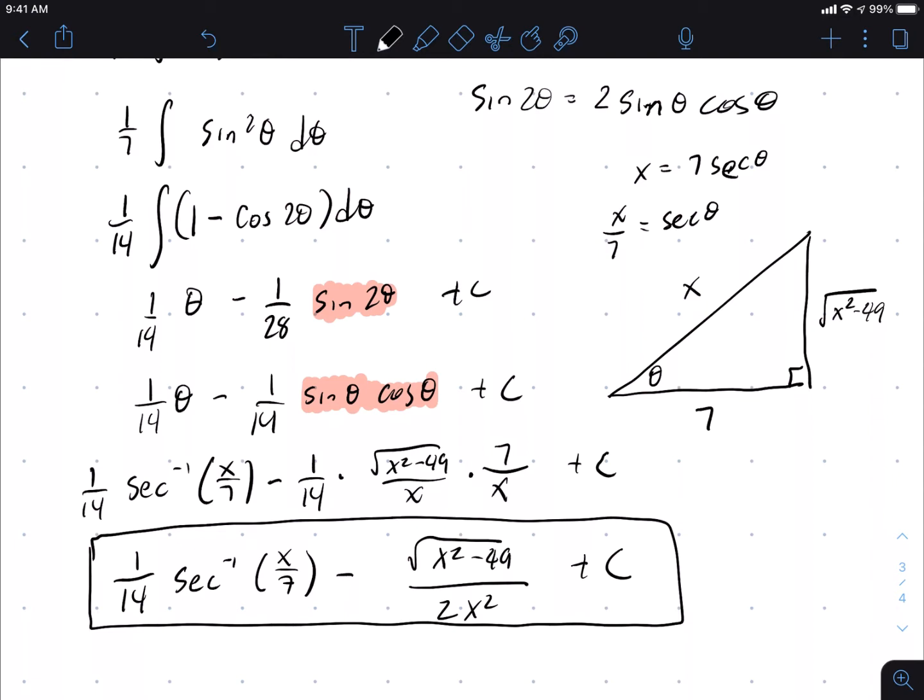Just to make sure I'm following, the root x squared minus 49 over x, that's coming from sine theta, and the 7 over x is coming from cosine theta, right? Correct. So when you look at this piece is sine, this piece is cosine. Okay, thank you.